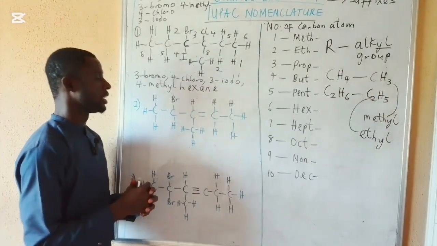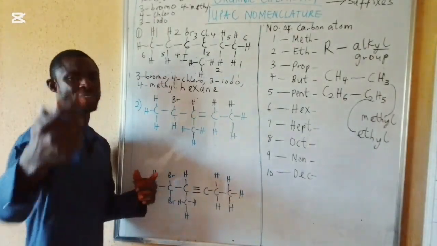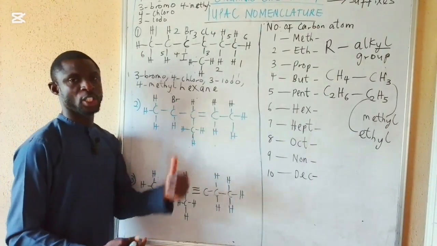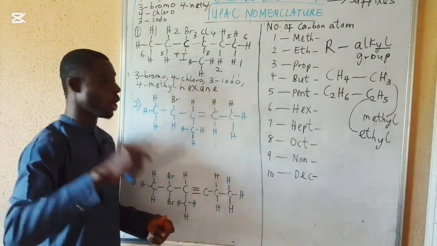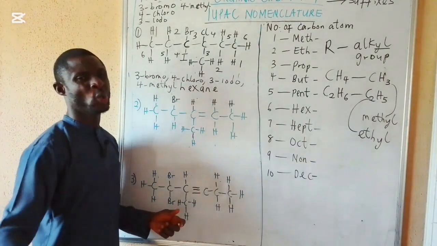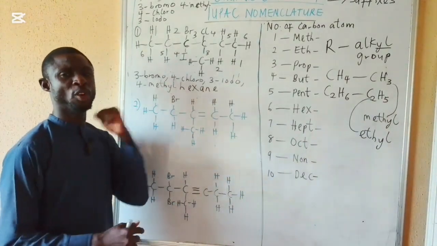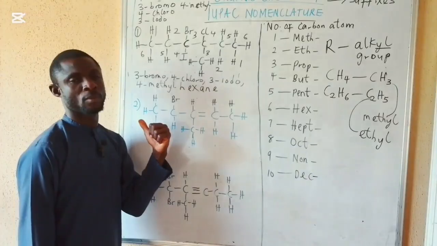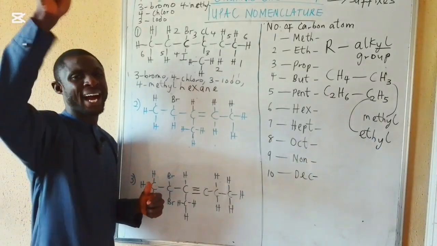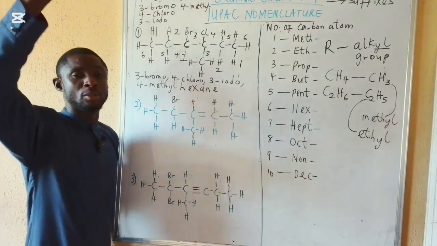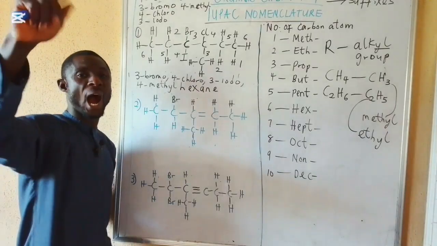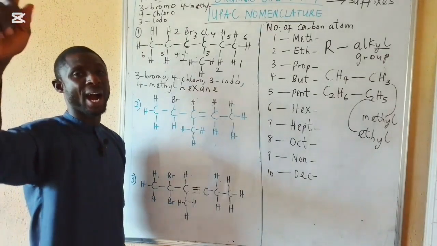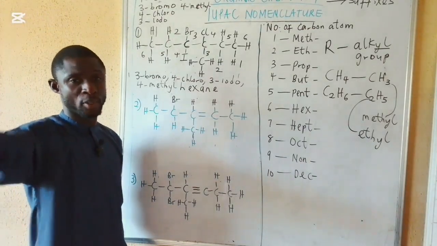Now that double bond is going to have more priority than the substituent. So if you want to number your longest continuous carbon chain, you number in such a way that your functional group has the lowest numbering, not the substituent. It is only in alkane that we use our substituent to consider how we number our longest continuous carbon chain.